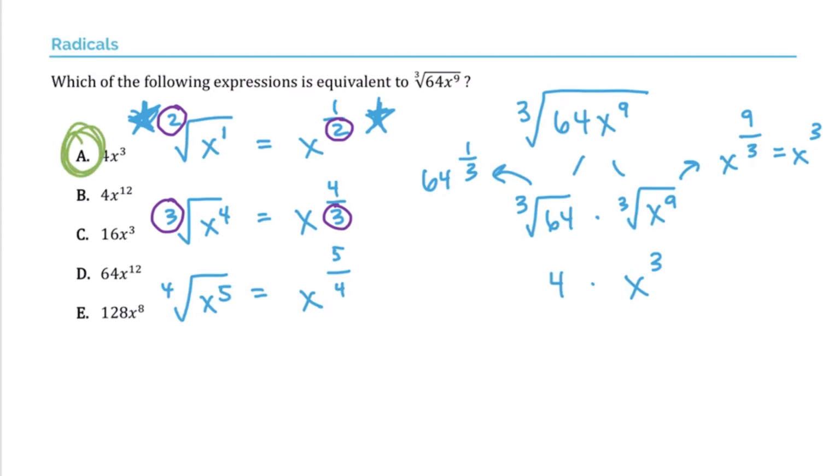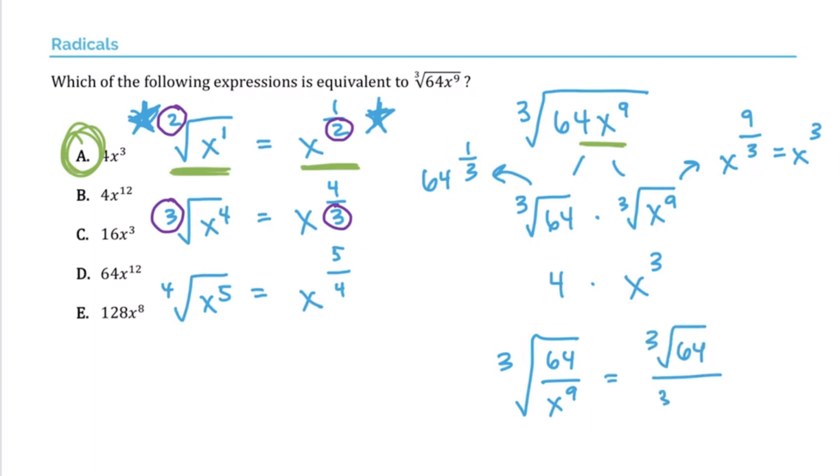So a couple things for that question. First, you definitely have to be super comfortable rewriting when you have a radical versus when you have a fraction in the exponent. That is critical. Number 2, I want to make sure that you remember that if you are multiplying or dividing under a radical, so let's say, for example, we had the cube root of 64 divided by x to the 9th, you could rewrite that as the cube root of 64 divided by the cube root of x to the 9th.